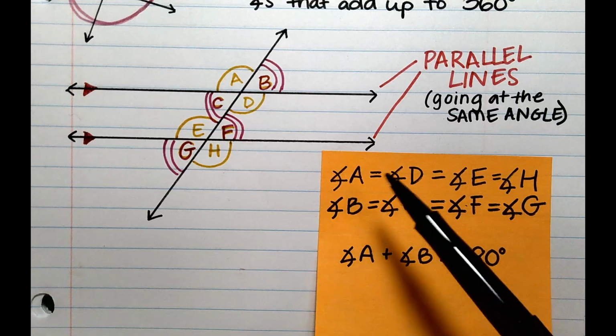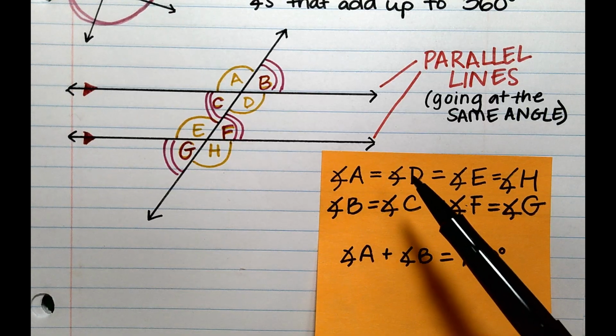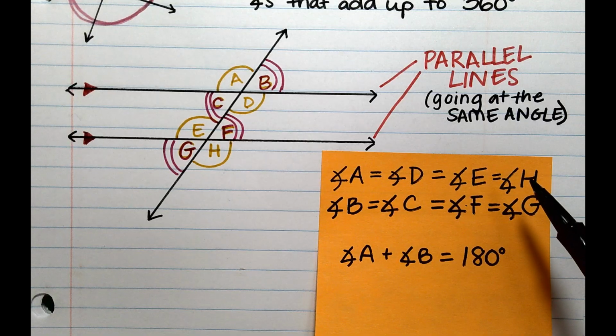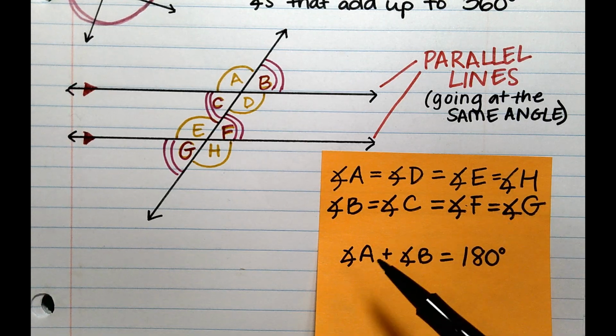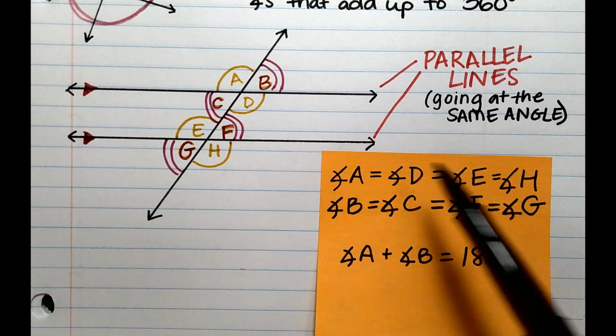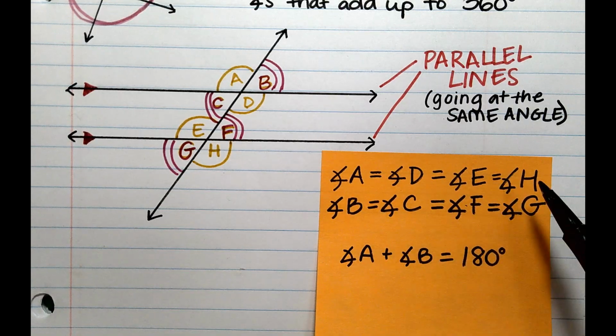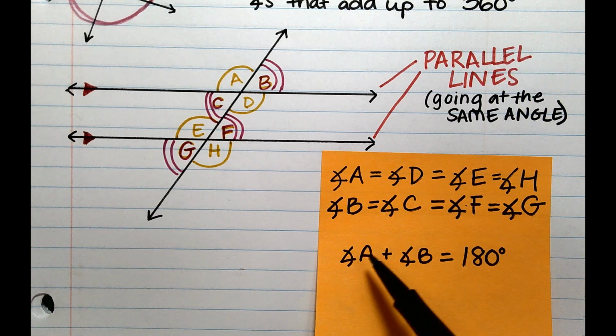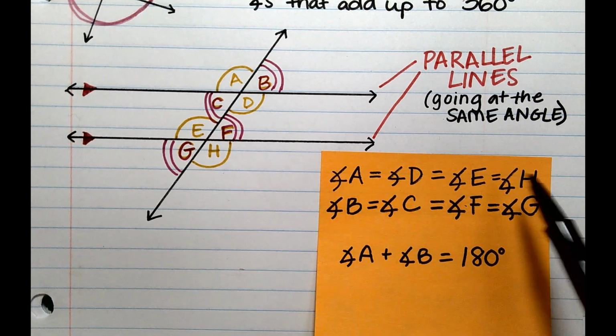Up here, we just said that angle A is the same as angle D. It's also the same as E. It's also the same as H. Would it be reasonable for me to say, since these angles are all the same, A, D, E, and H, could I replace A in my equation with any of those four angles up top?